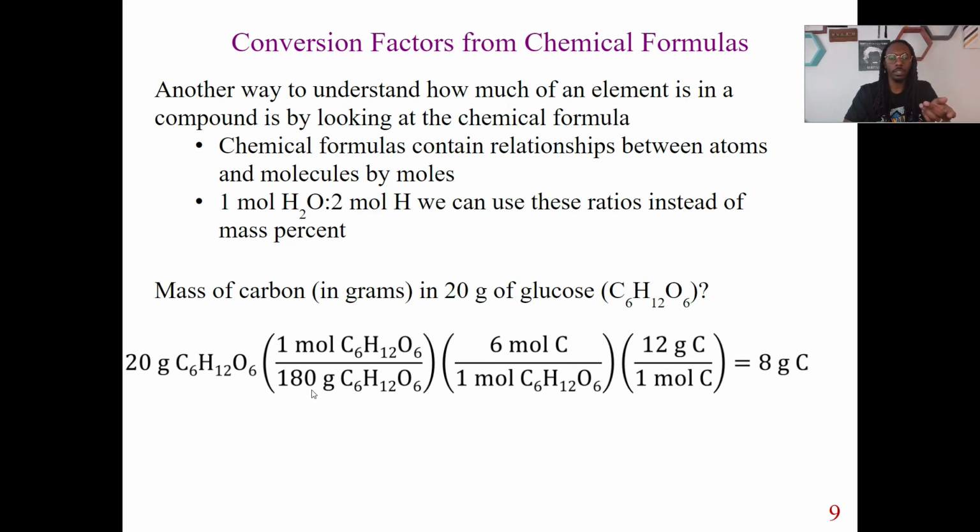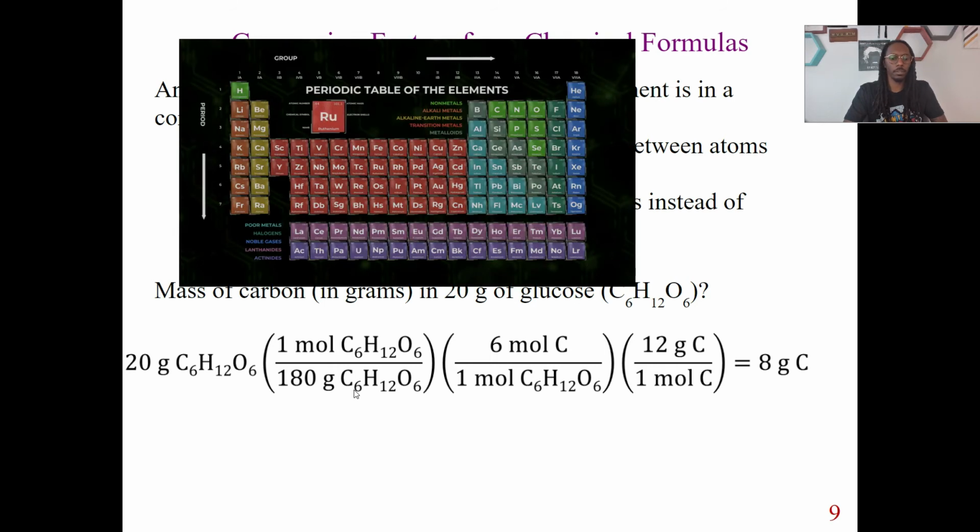Well, this is coming from my compound. So I need to understand, right, that if I add up 6 carbons, 12 hydrogens, and 6 oxygens, this will give me 180, right? So basically, I'm going to do 6 times 12, because that's what we're getting from our periodic table with carbon.